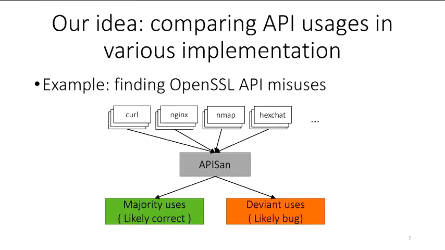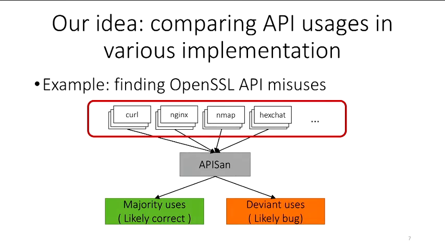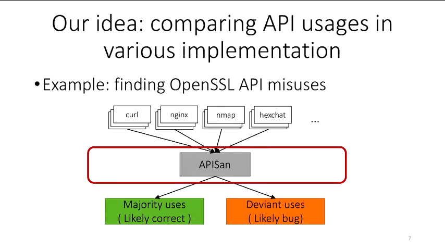Our idea is comparing API usages across various implementations. For example, if you want to find OpenSSL API misuse, first collect applications which use OpenSSL APIs, for example, Curl, Nginx, Mmap, and Hexchat. Give them as input to the API Sanitizer.